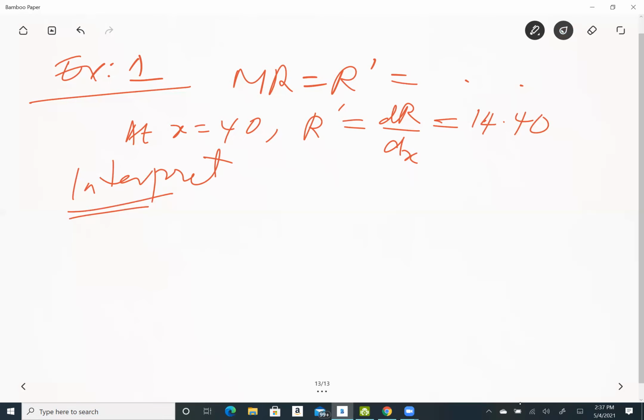I want everybody to write down the interpretation in terms of the unit of x. Go ahead, do it now. I give you 2 minutes. I want everybody to write down and then you read what you have.